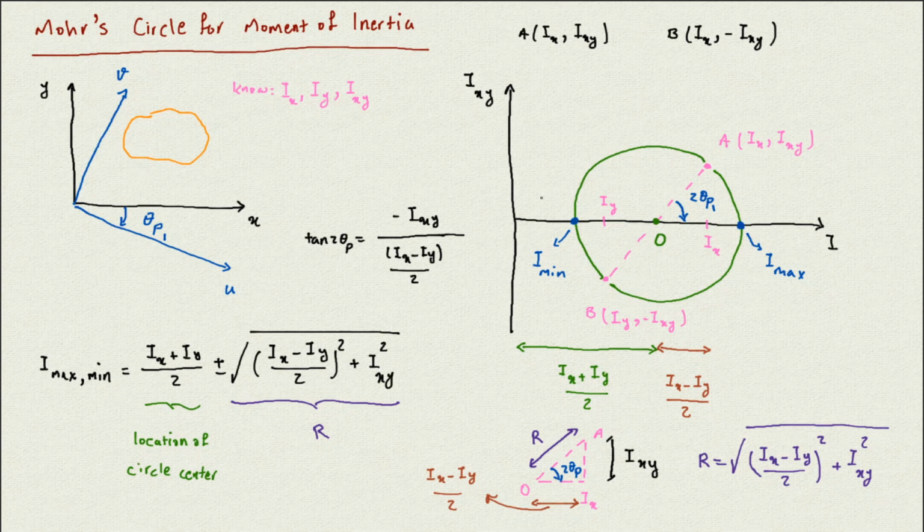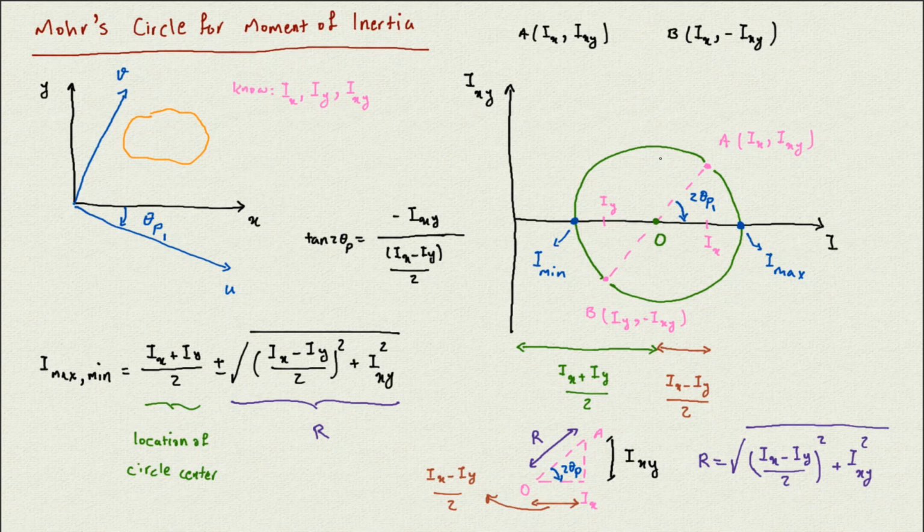So point A is associated with the x-axis, and I rotate the x-axis, for example, by theta counterclockwise. I go to point A, and I rotate counterclockwise, but 2 times theta, and I end up at one point on the circle. That point is associated with the I and ixy of the rotated axis.